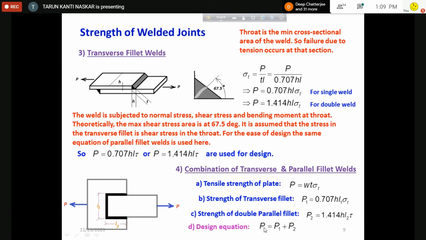These are equated to the value of E, and from this we can find out the desired dimensions. So here the lengths of the parallel fillets are the same.